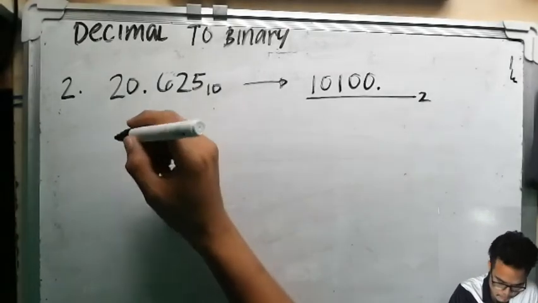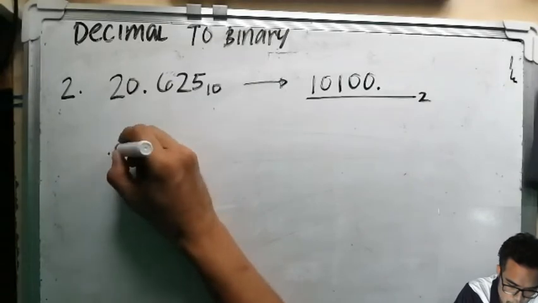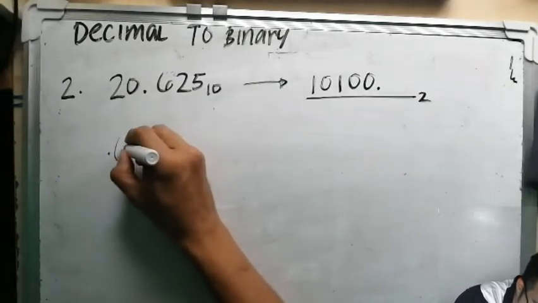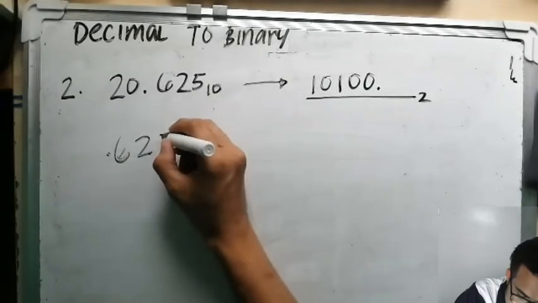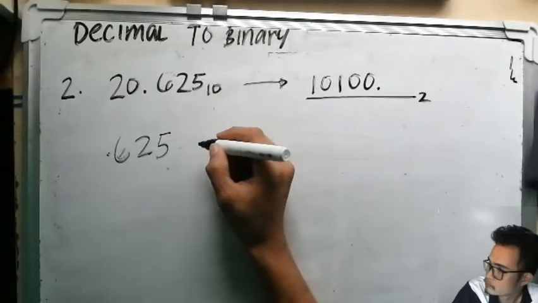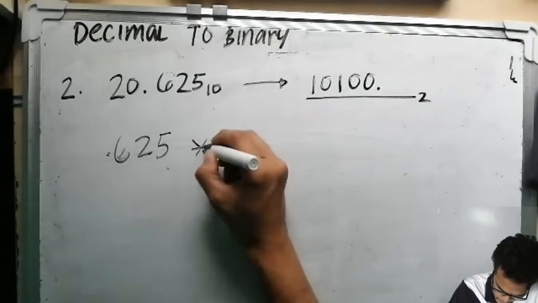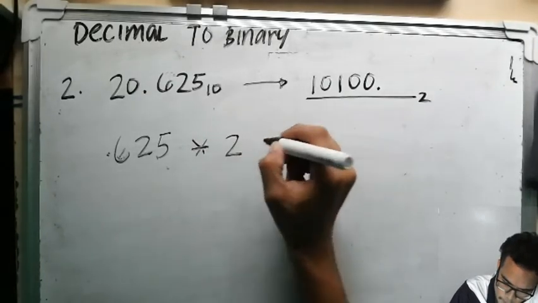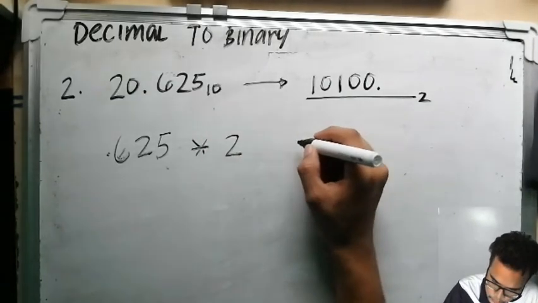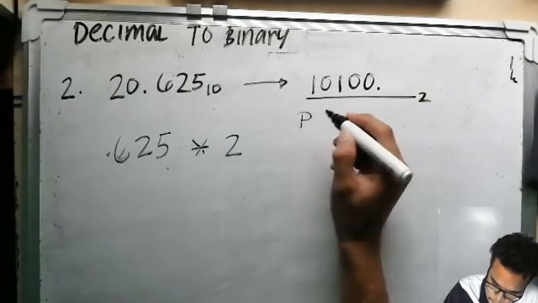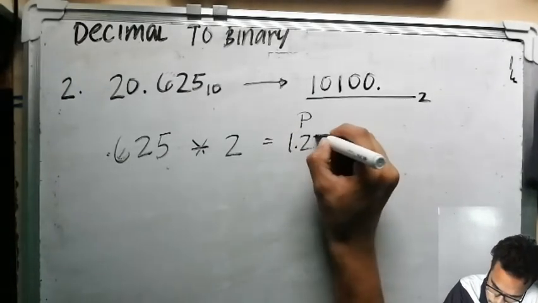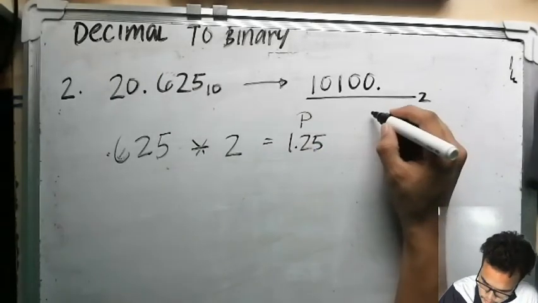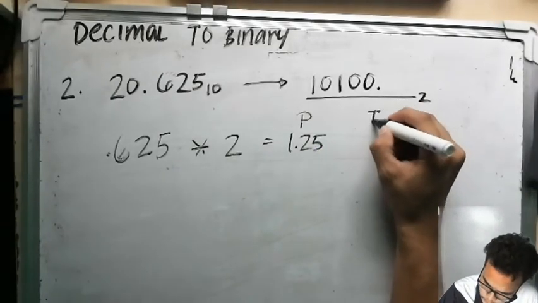0.625 multiplied by 2 is equal to, this is the product, 1.25, and then the integral part.